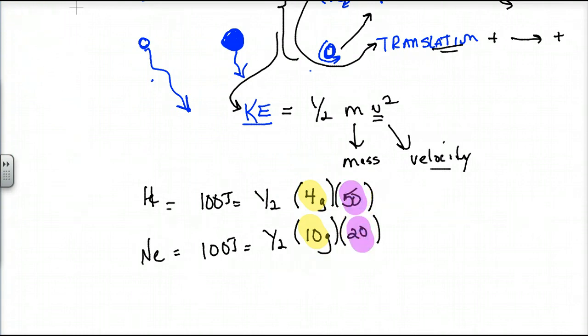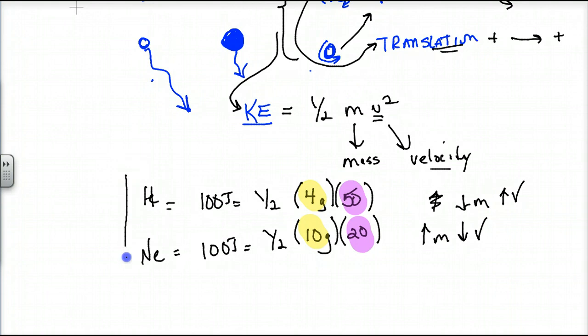And you can clearly see that the heavier neon is going to have a lower velocity, whereas the lighter mass of the helium is going to have a higher velocity.